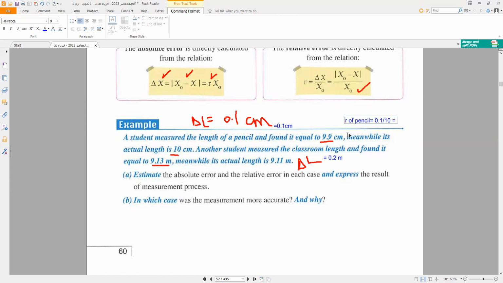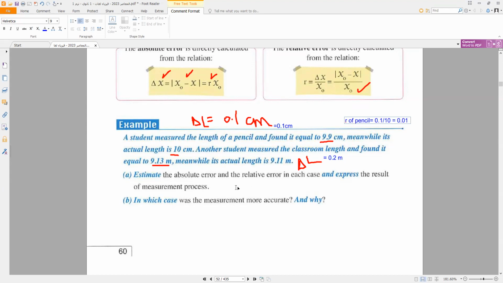Okay, equals 0.01. Does it have a measuring unit? It doesn't have any measuring unit. Why? Because it is the ratio between two physical quantities that have the same unit. Length over length equals 0.01. It has no unit, or it is a dimensionless quantity.